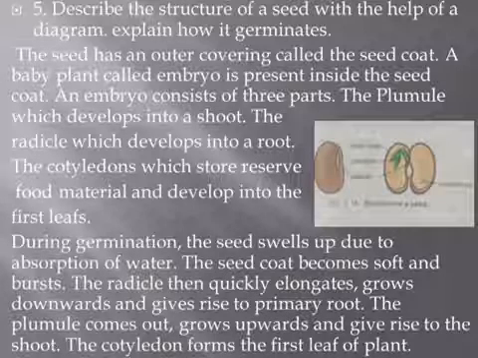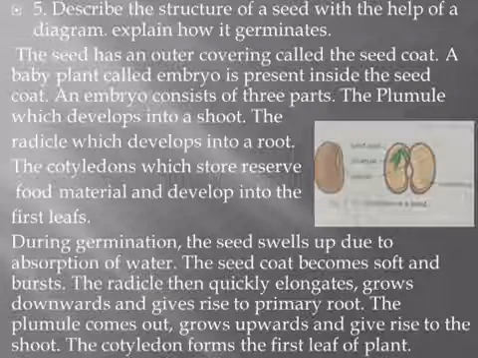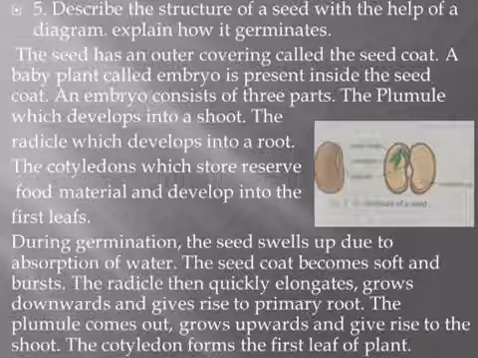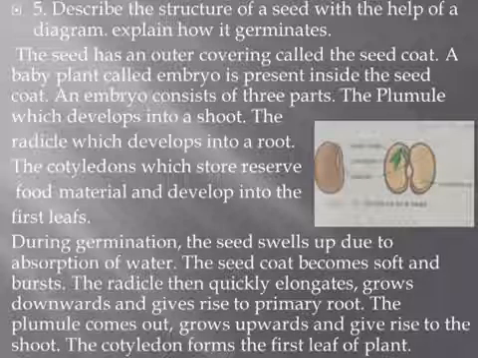Inside the seed coat there are cotyledons and a baby plant. Now the embryo, the baby plant, has 3 parts: the plumule, which will become the shoot or the stem; the radicle, which will become the root; and the cotyledons, which store reserve food and develop into the first leaves.